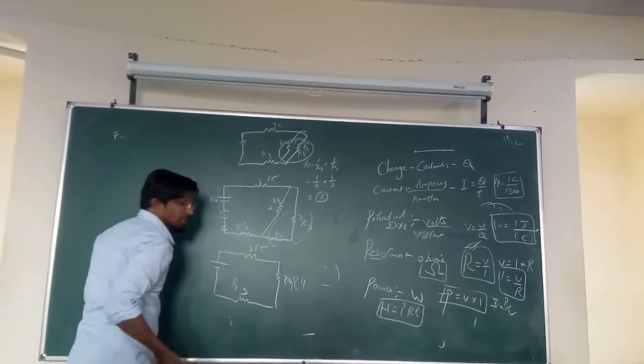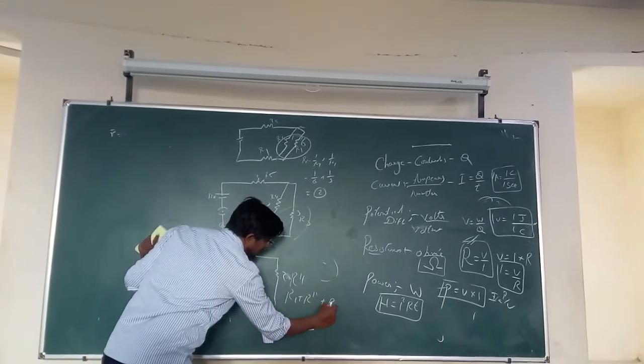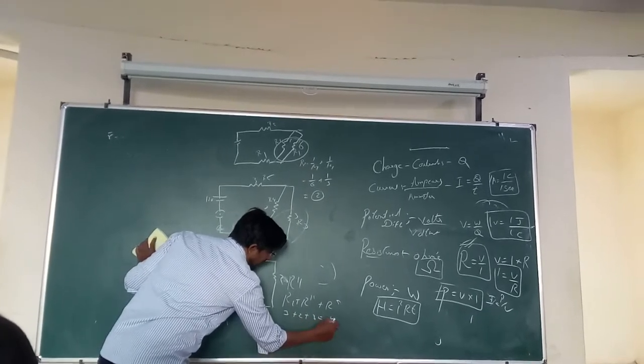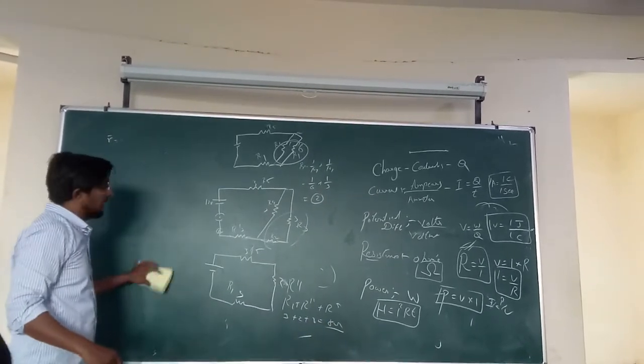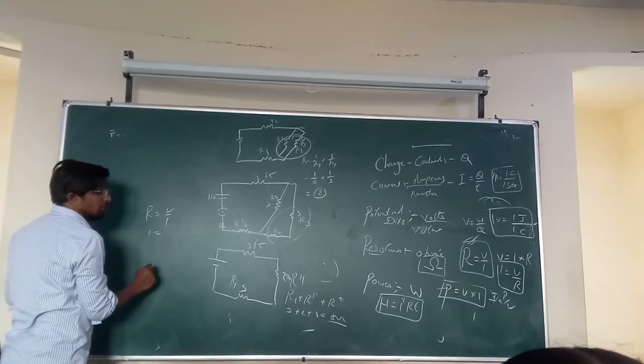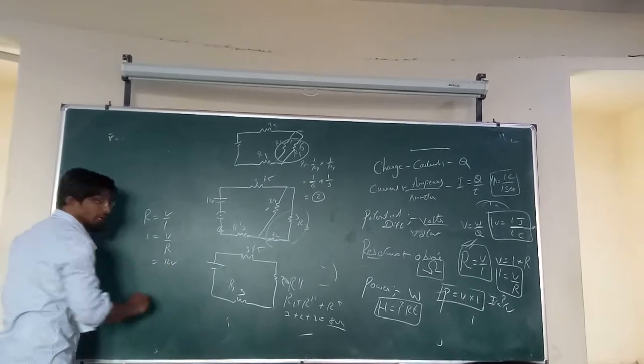What is the total resistance? R1 plus R double dash plus R5. That is 3 plus 2 plus 3, 8 ohms. So what will be the current? R is equal to V by I, so I is equal to V by R. How much is the voltage? 12 volts.